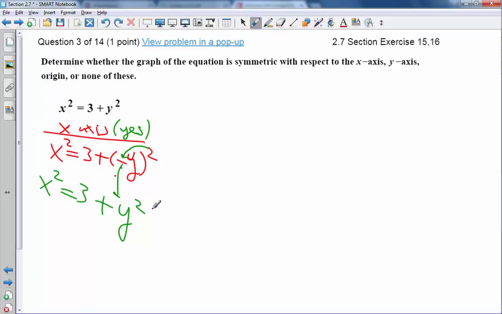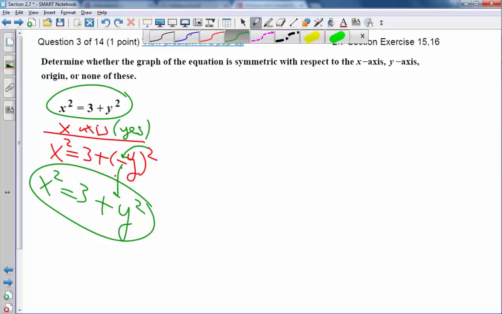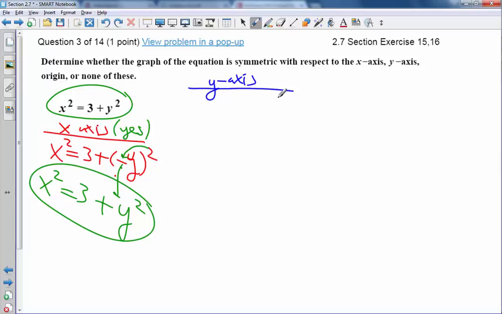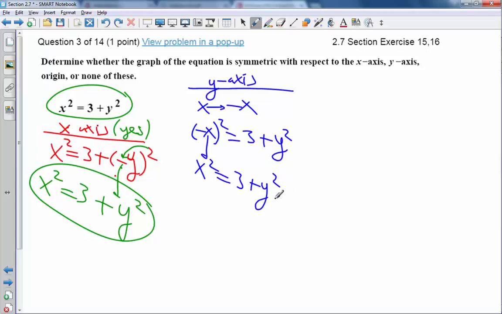It's a match, right? Match. Y-axis, same way. Flip x by minus x. Minus x squared is 3 plus y squared now. Well, this is the same as positive x squared. Match. Good.